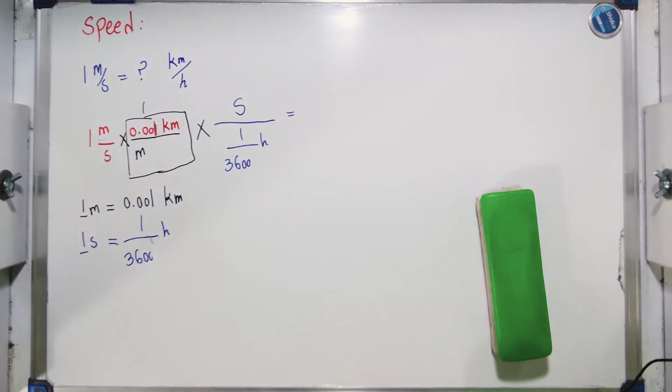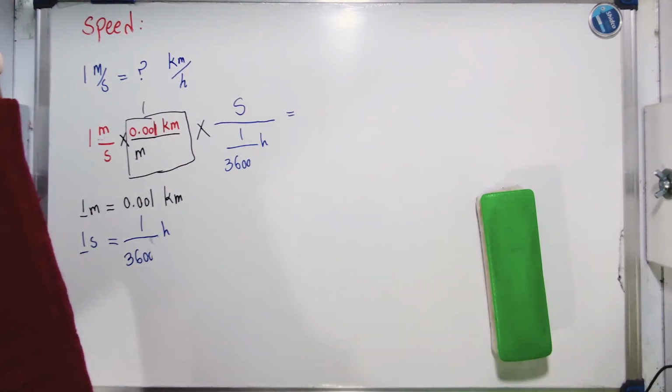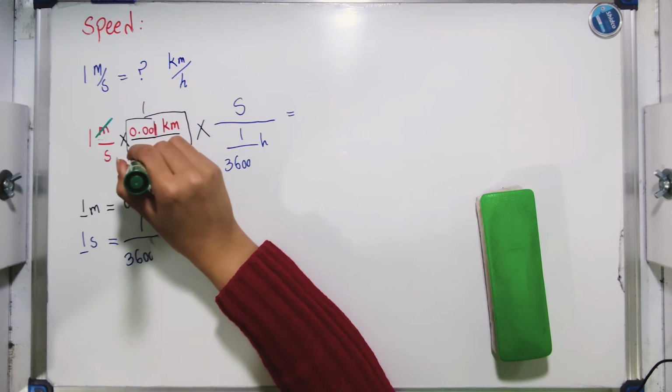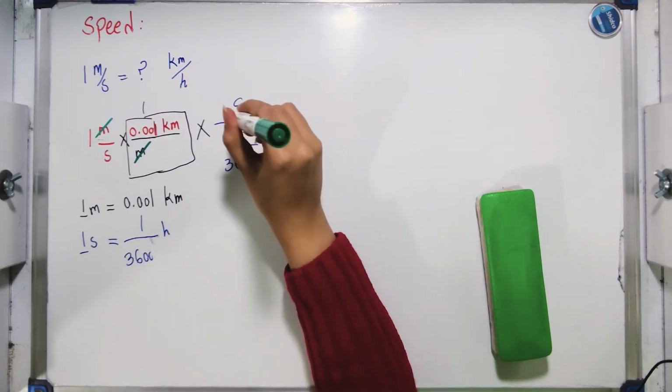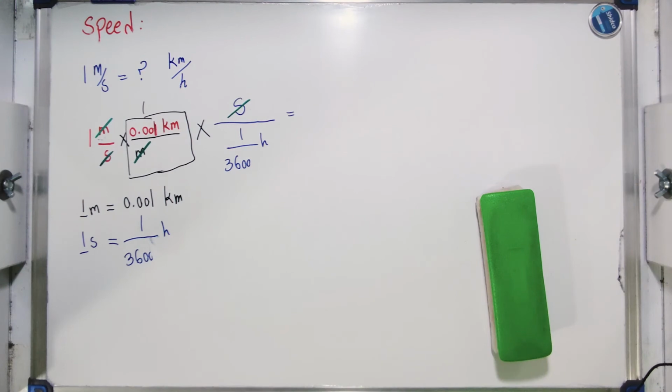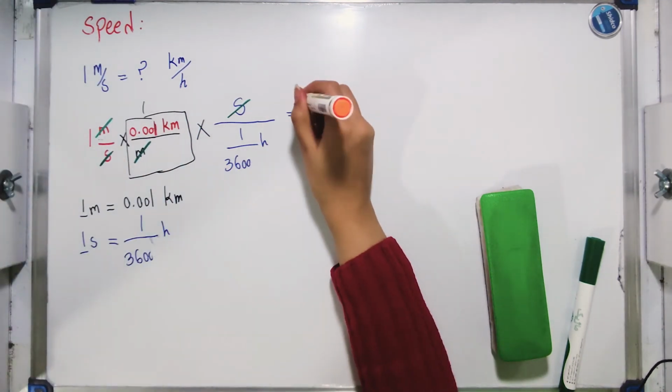So let's do it. It's really amazing to remove. This goes by this. S goes by S. And what do I have here right now? I have 1 here.